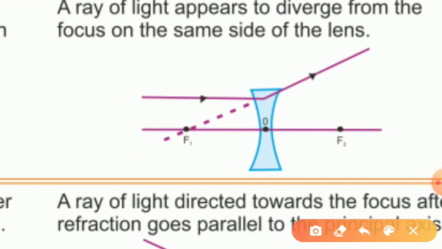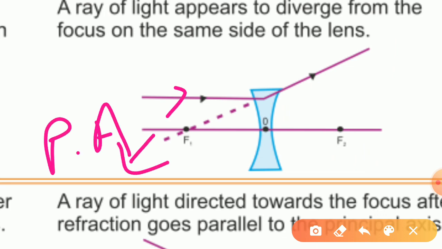A ray of light parallel to the principal axis, after refraction, appears to be coming out from the focus of the lens.